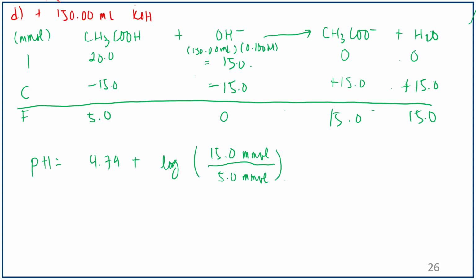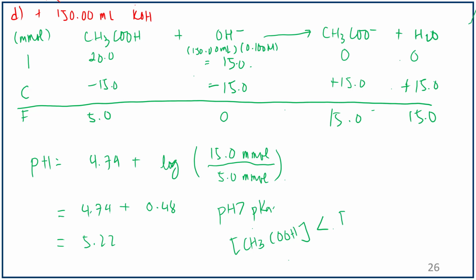That should give you 4.74 plus 0.48, which is equal to 5.22. Notice that at this point pH is greater than pKa. This is a scenario in which the concentration of the weak acid, acetic acid, is less than the concentration of the acetate ions.